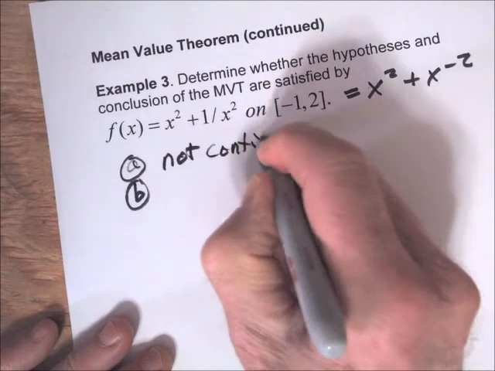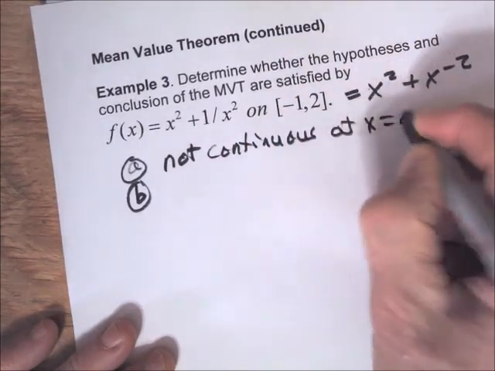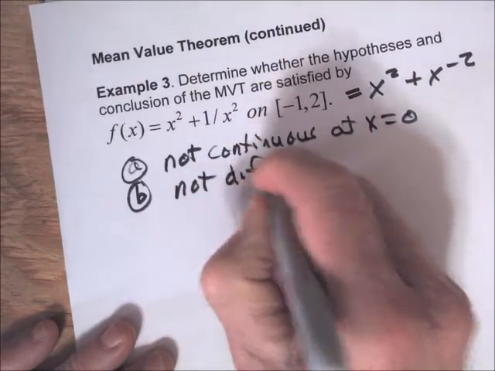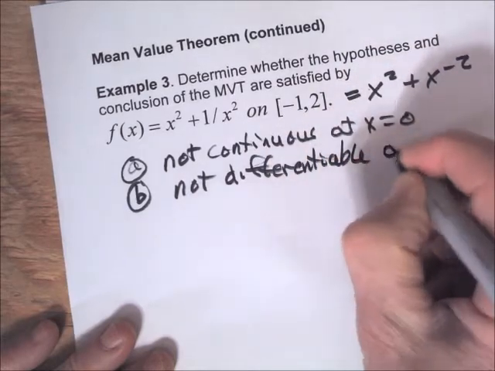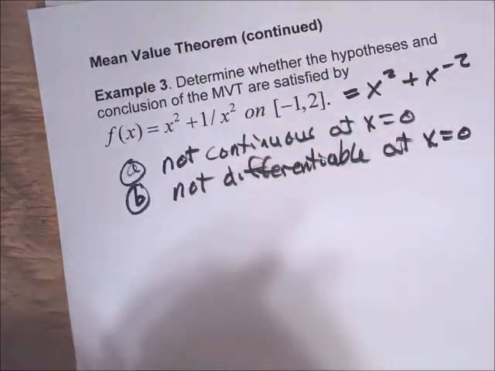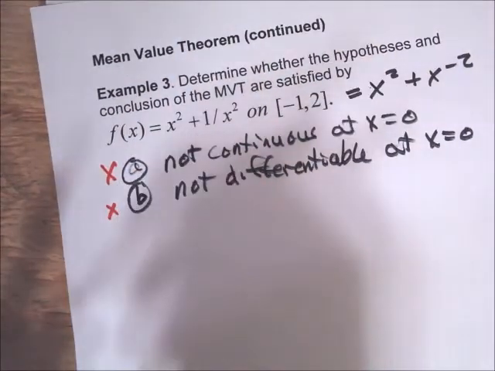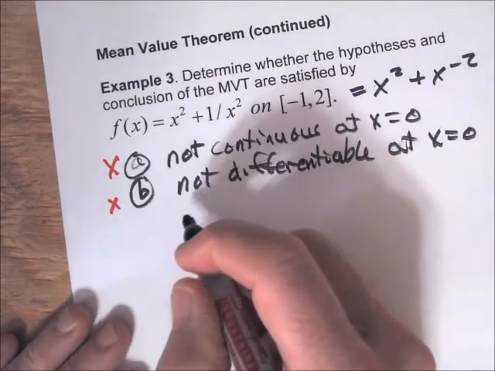It's undefined at 0. And if it's not continuous, it's also not differentiable at x equals 0. So these hypotheses are not satisfied. And let's see if the conclusion is satisfied.